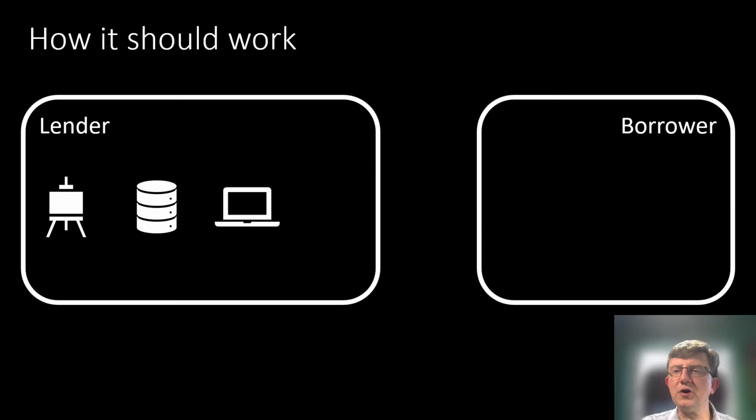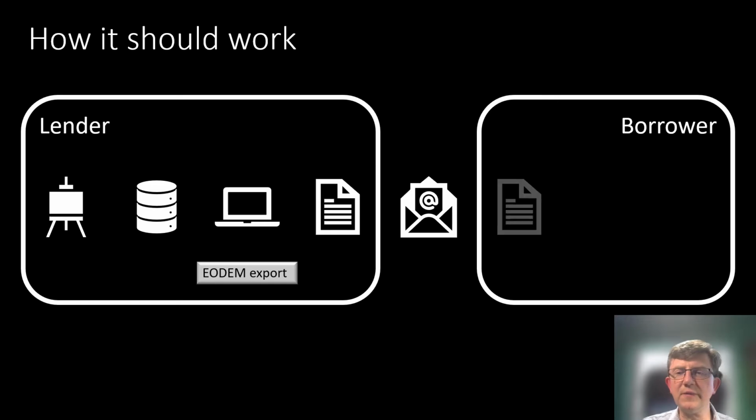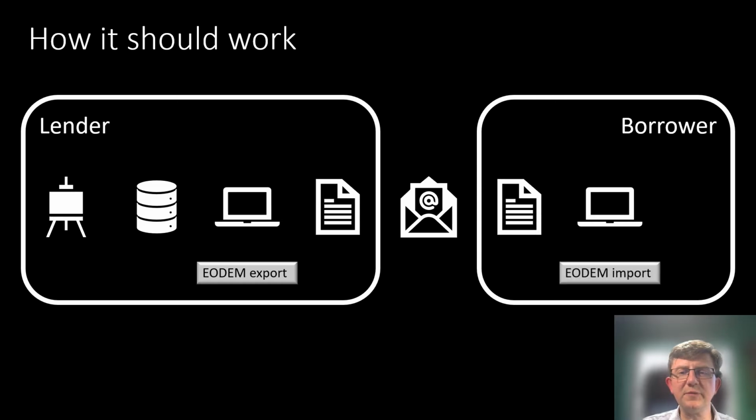The lender will open their collections management system and find the record, and they will press the export button and an EODEM file will be created. The lender will then email the EODEM file to the borrower. The borrower will receive the email and save the file. They will open their collections management system and press the import button, and the data will be stored in the borrower's database.